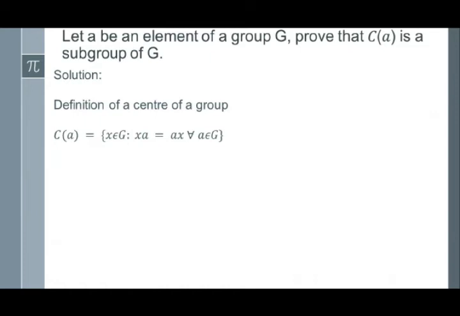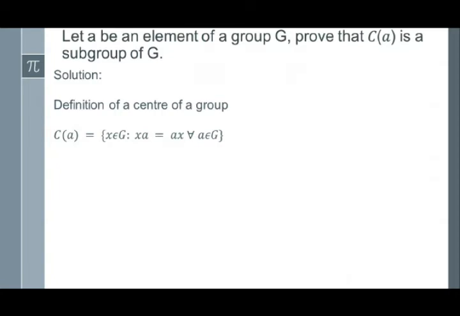In order for C of A to be a subgroup of G, it must satisfy certain conditions, namely it must contain inverses, it must have an identity element, it must be closed, and it must be non-empty. So here actually we are proving that C of A satisfies these conditions.